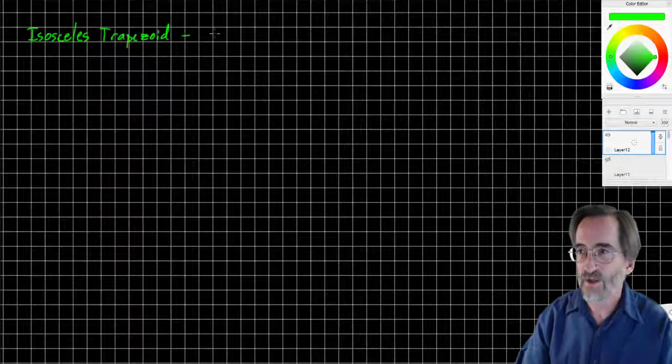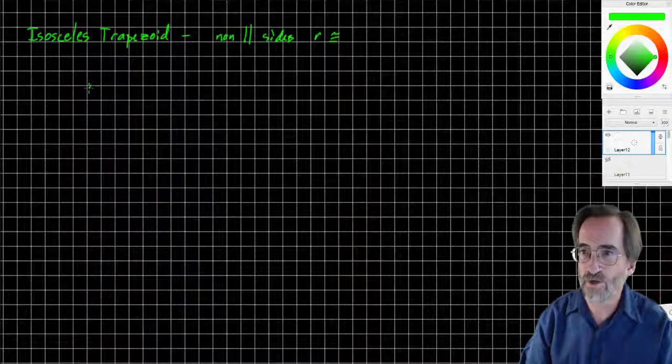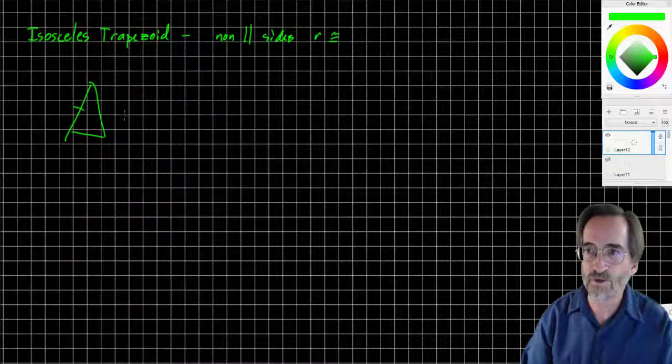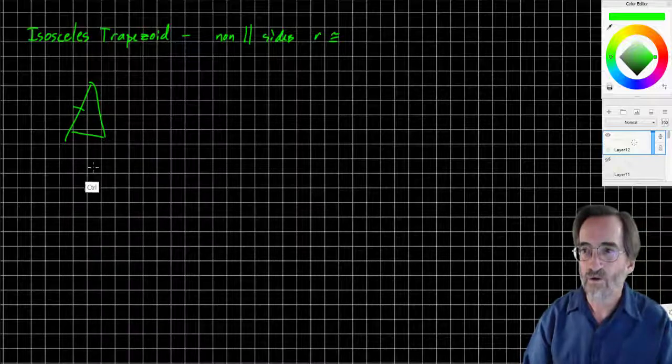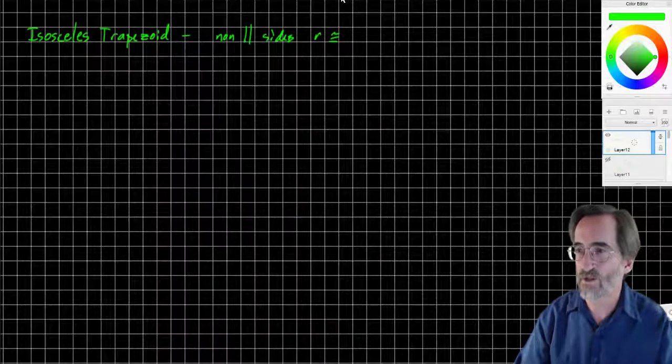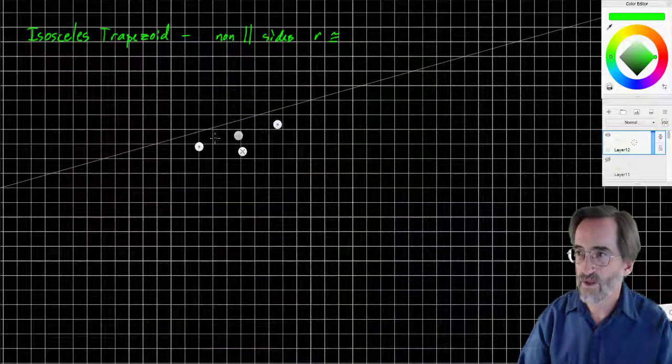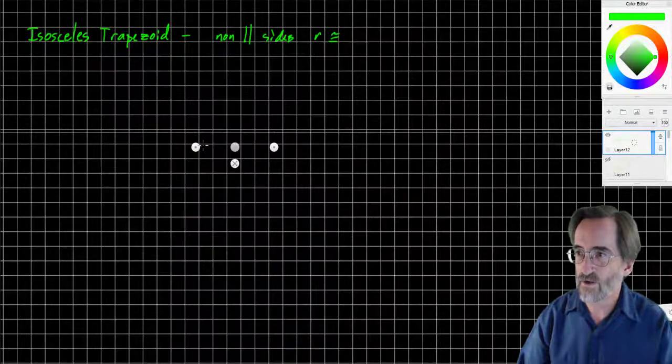But isosceles means the non-parallel sides are congruent. You may recall in an isosceles triangle, two of the sides are the same. Well, in an isosceles trapezoid, the two non-parallel sides are the same. Okay, let's go ahead and draw it here.